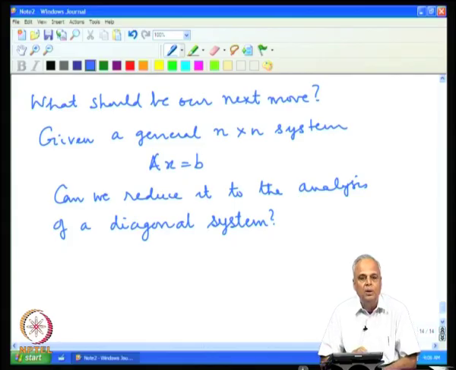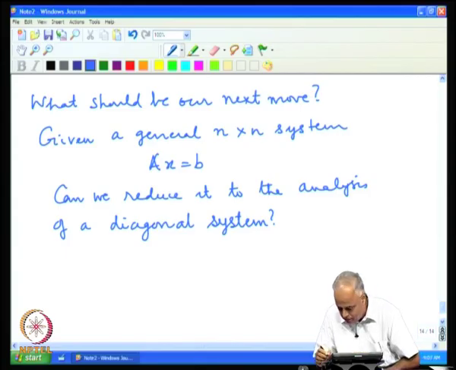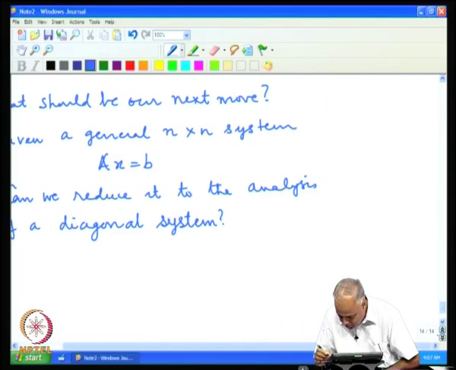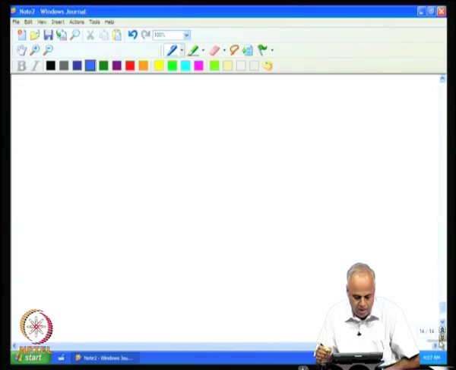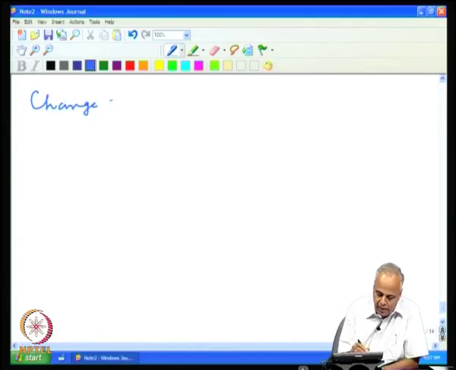Can we reduce this to the analysis of a diagonal system? What do we mean by this, or how can we go about getting to this diagonal system? This is where we would like to introduce the idea of change of variables.